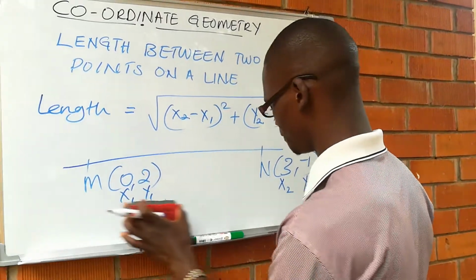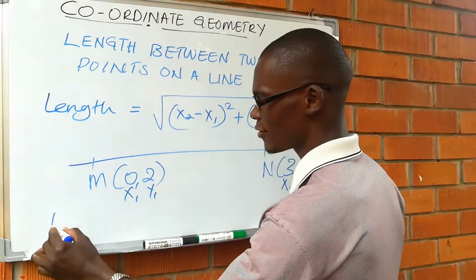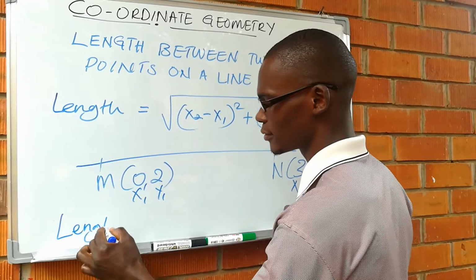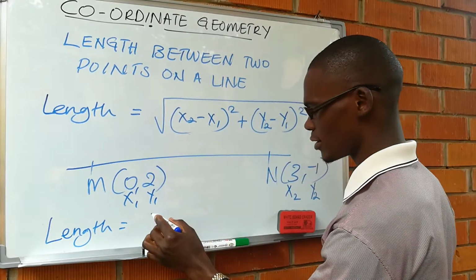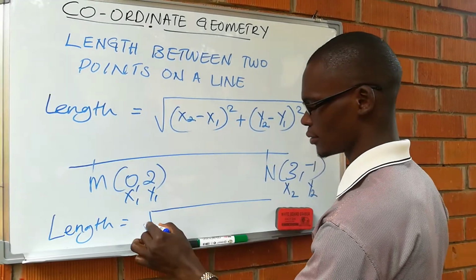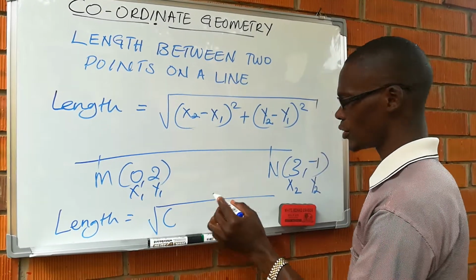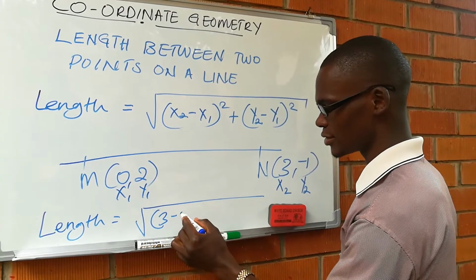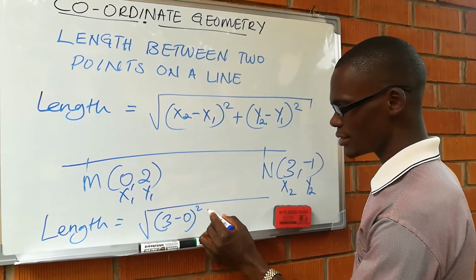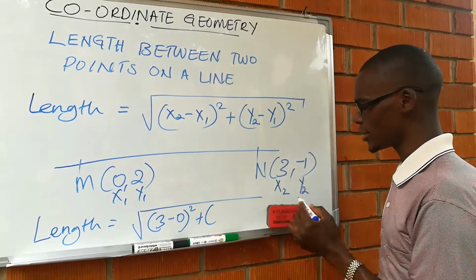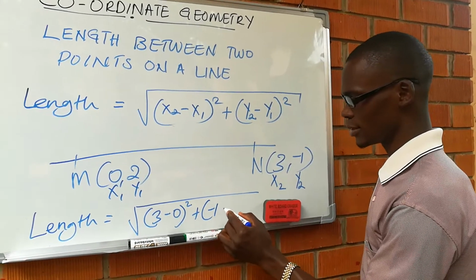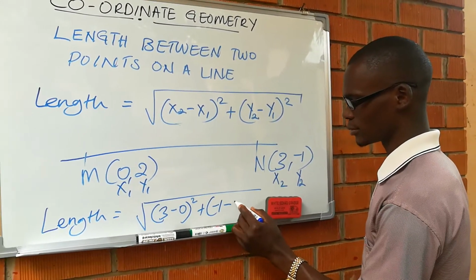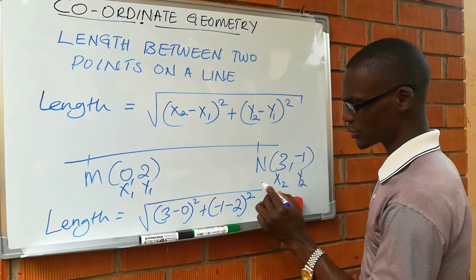That is, we shall have our length as the square root of x2, which is now 3. So that will be 3 minus 0 squared plus y2, which is negative 1 minus 2 also squared.